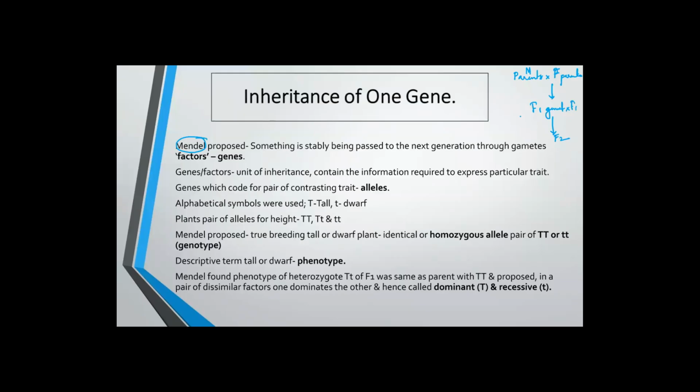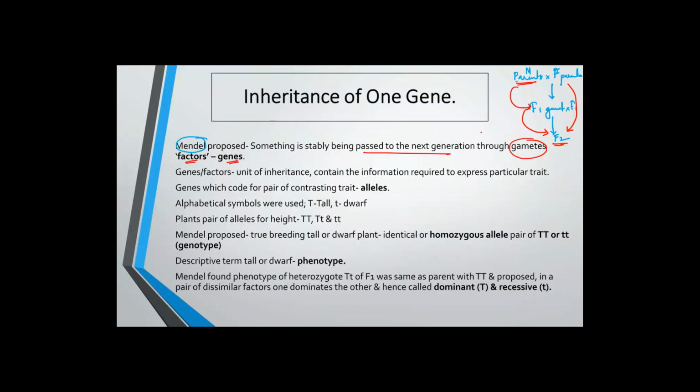So we could see that the trait of one parent was showing in the F1 generation, and in the F2 generation we could see that both parent traits were showing off. So that means something was passed to the next generation through the gametes, that is called the factors or genes.